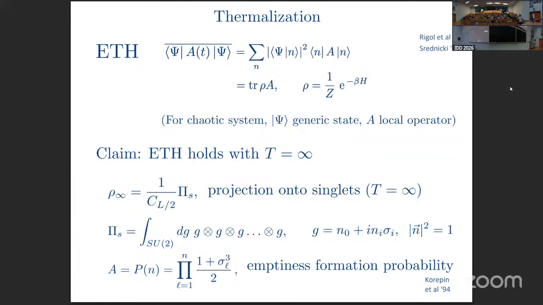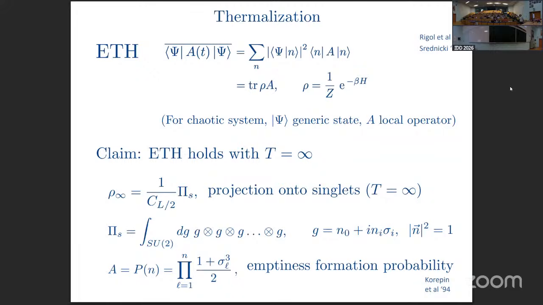And this we can write as 1 over the number of singlets times some projection operator. And the number of singlets is just the Catalan number, because the recursion relation that I showed you earlier is simply the recursion relation for the Catalan numbers. And the projection operator you can get using some group theory.